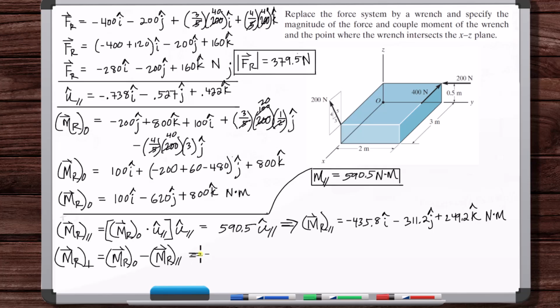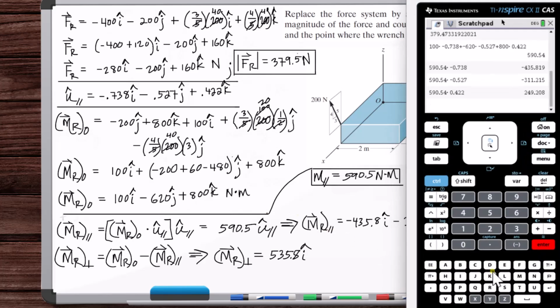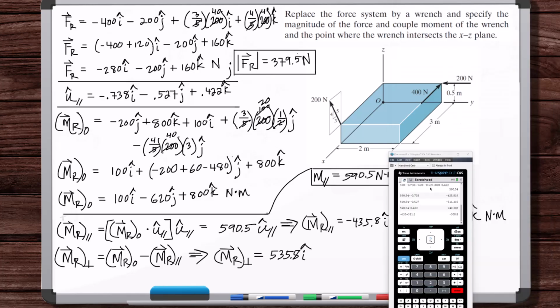So let's do 100 minus 435.8. Minus, that's plus. So minus 620 minus 311.2. So that's minus 620 plus 311.2. Minus 308.8.